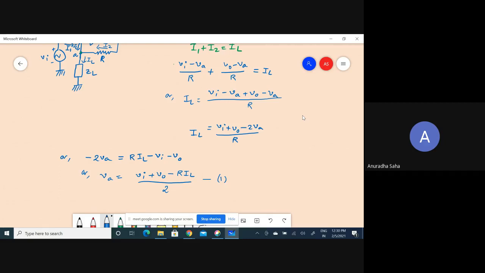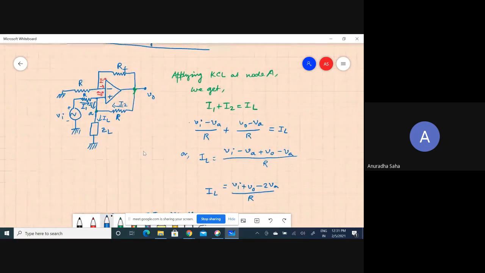Now you can see what we have done in the instrumentation amplifier, like whenever we did the last part of the differential amplifier, which appeared as a non-inverting amplifier, right? Here also you can see that this is a non-inverting amplifier, because the input voltage is applied to the non-inverting terminal. What is the input voltage here?